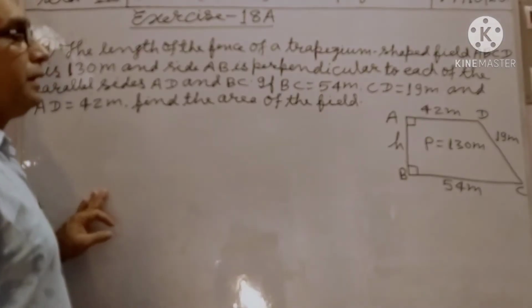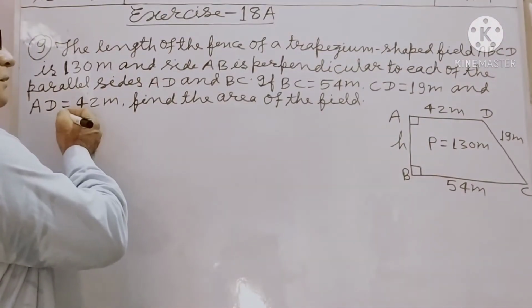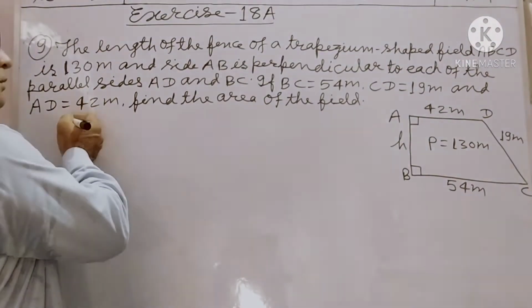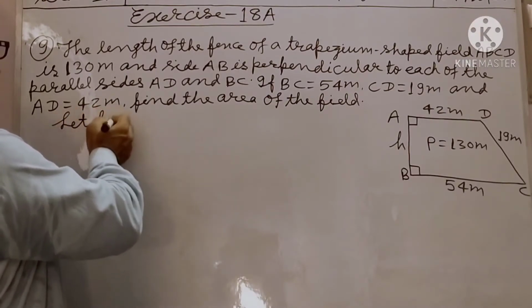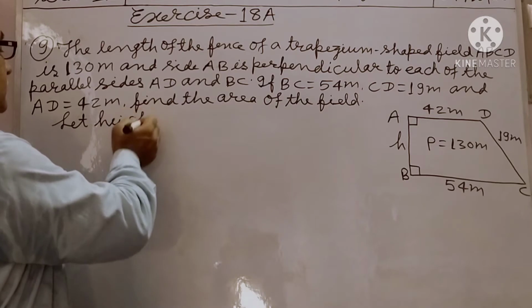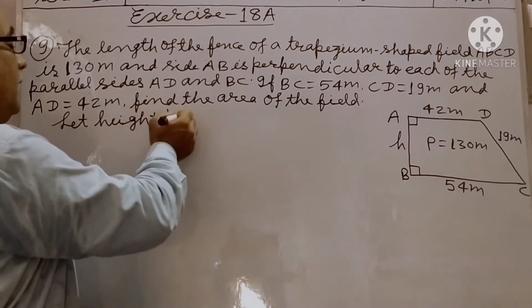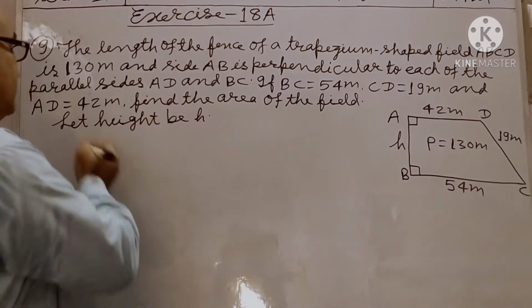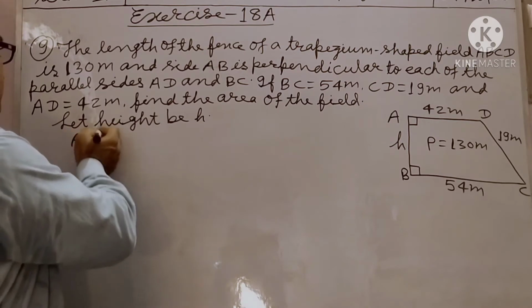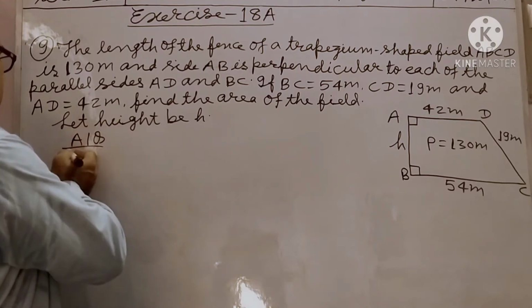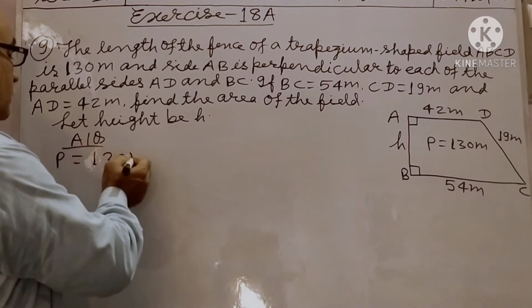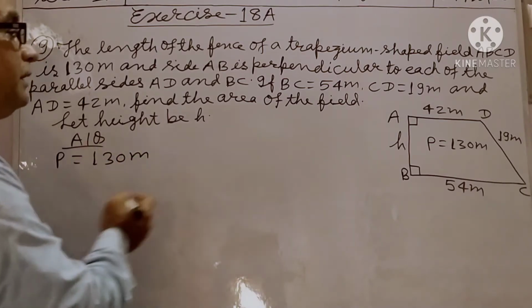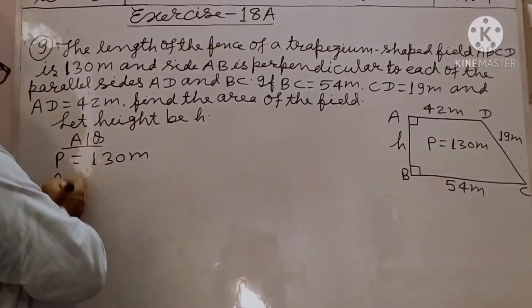Perimeter is given 130 meter. Let height be h. So according to question, first of all perimeter equal to 130 meter. Perimeter equal to sum of all sides.